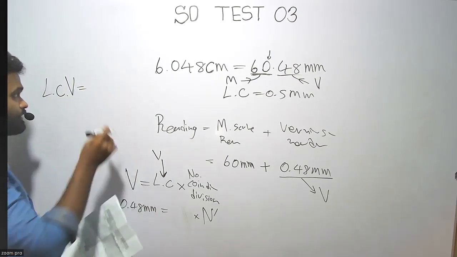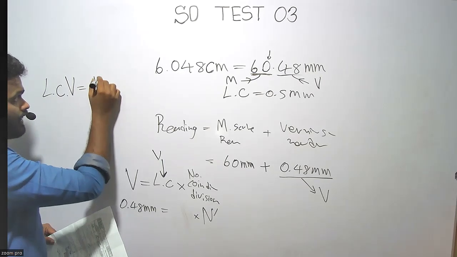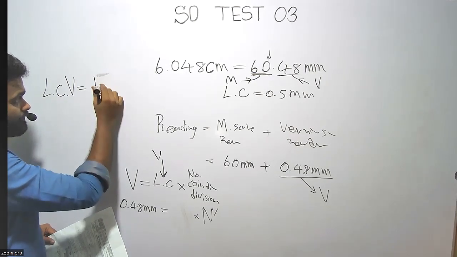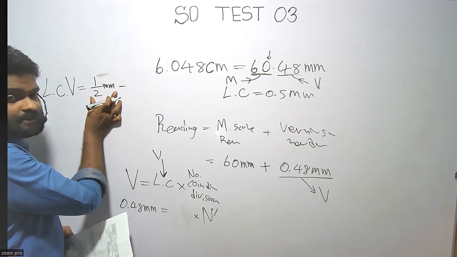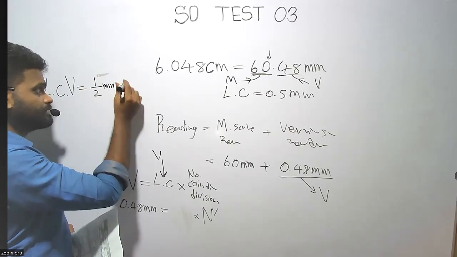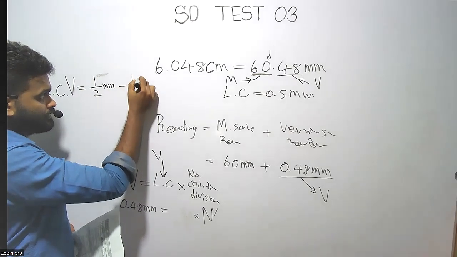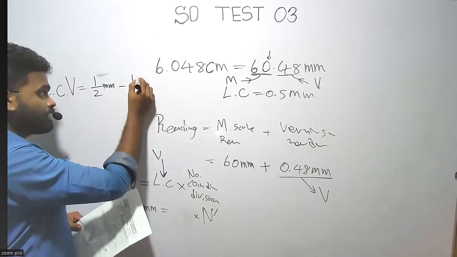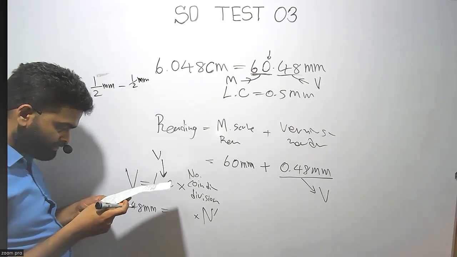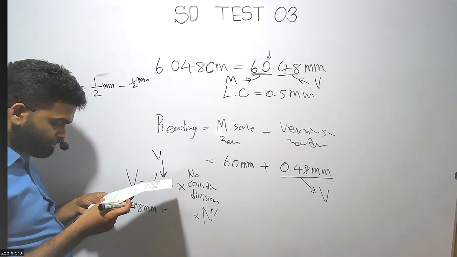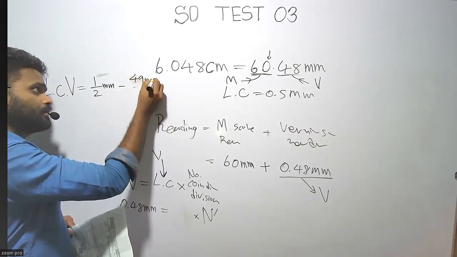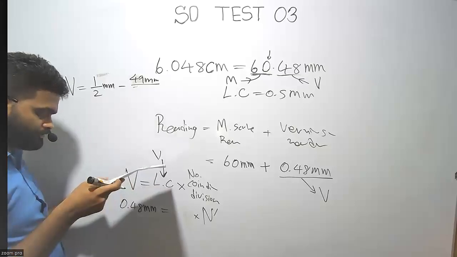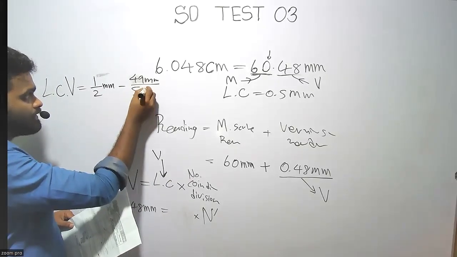So the question says half millimeters. This is the length of a main scale part minus the length of a vernier part. 49 millimeter part is divided into 50 vernier parts.